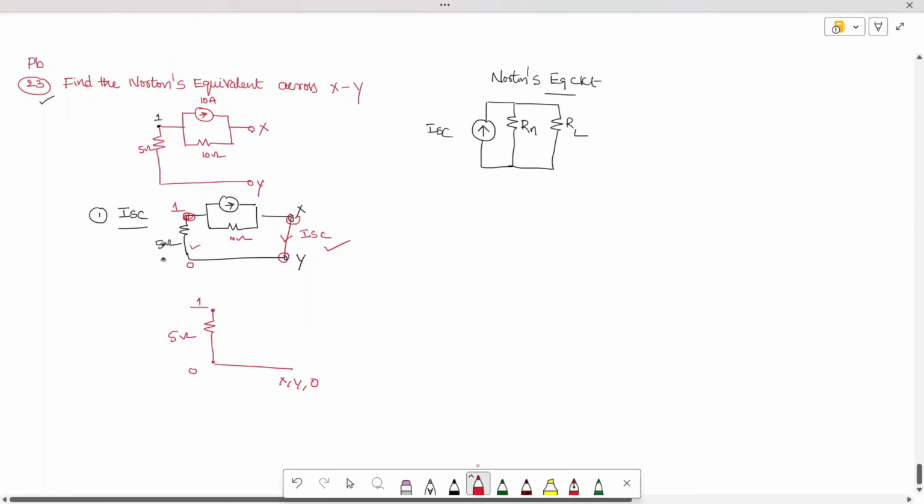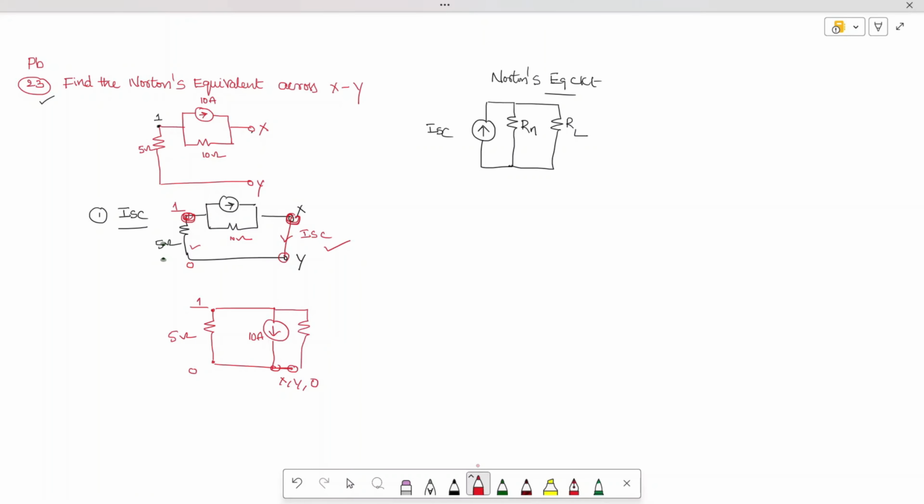Between 1 and 0 we have a current source of 10 ampere, and between 1 and x I have one more branch, which is 10 ohm.